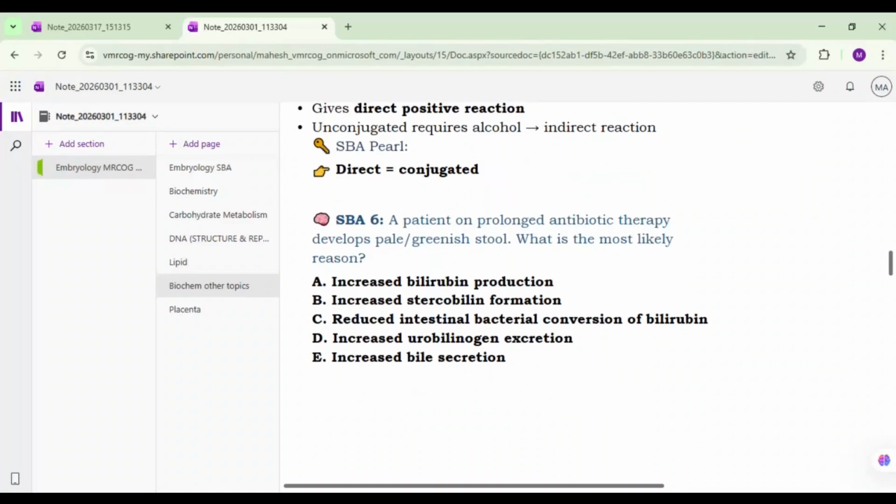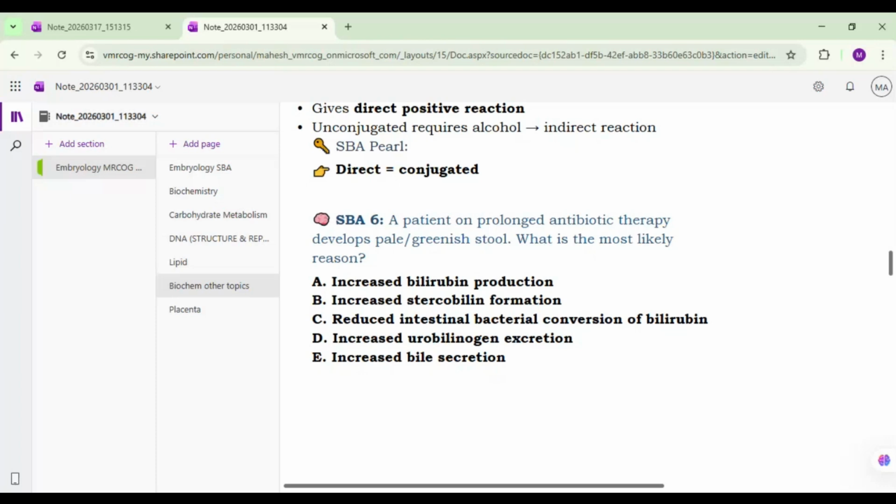Next. A patient on prolonged antibiotic therapy develops pale or greenish stool. What is the most likely reason? Increased bilirubin production, increased tocopherolin formation, reduced intestinal bacterial conversion of bilirubin, increased urobilinogen excretion, or increased bile secretion.